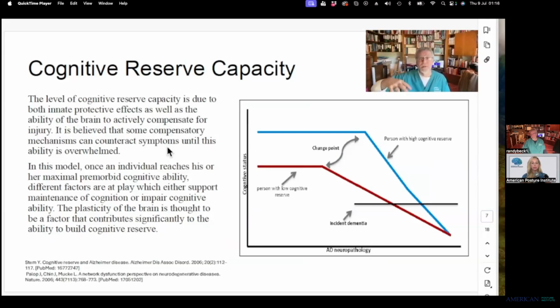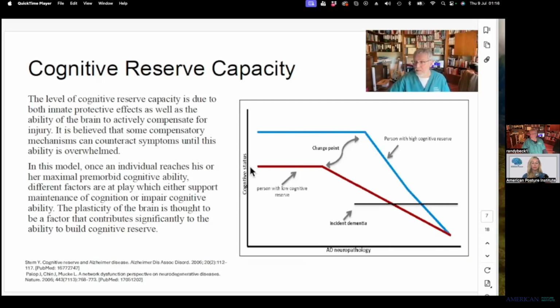So in other words, the symptoms of the disease can be held off until we hit that threshold where you can no longer correct for it. And then we get this sort of massive decline here, like this blue line. So we're going along, we're holding off, and then it comes down quickly.